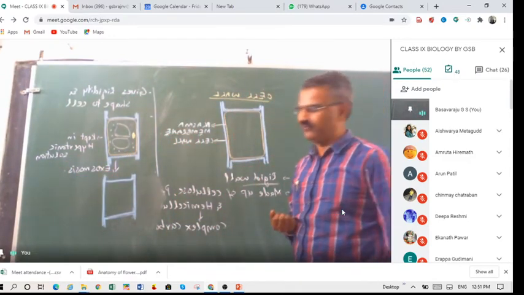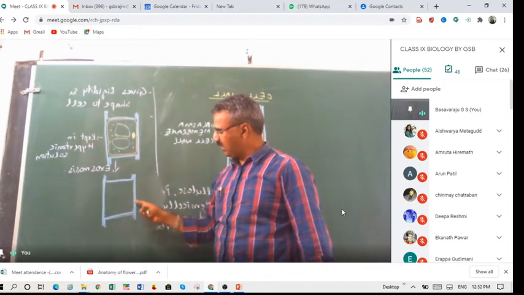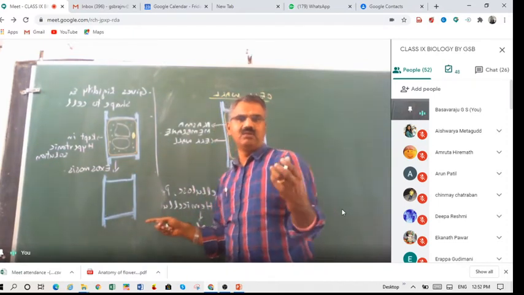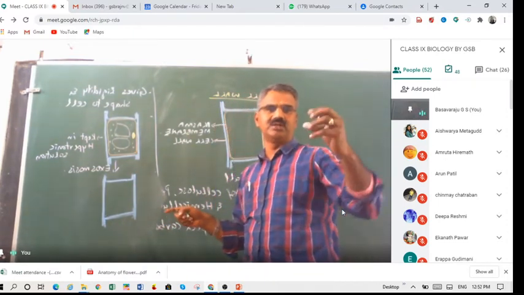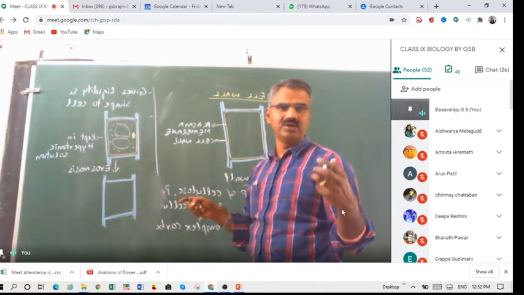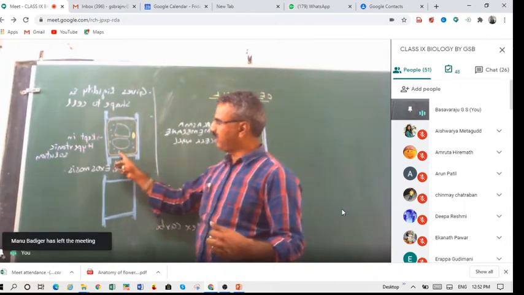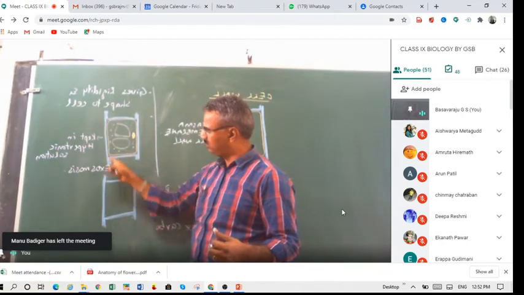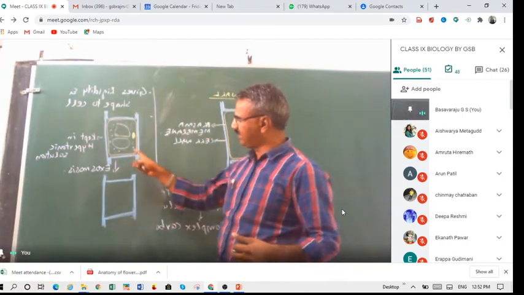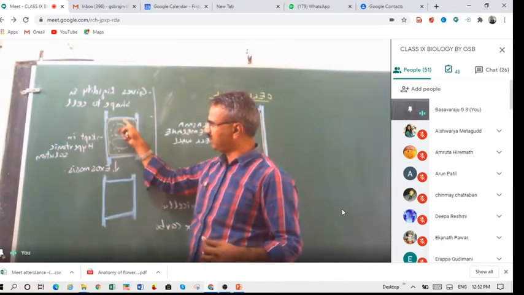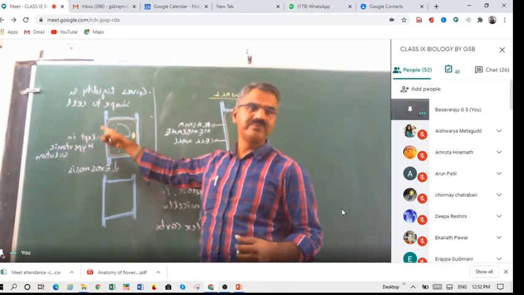The cell wall, which is very rigid, is not going to shrink. So it is only the plasma membrane which is going to move away from the cell wall. You can see here, the plasma membrane is present near the cell wall.